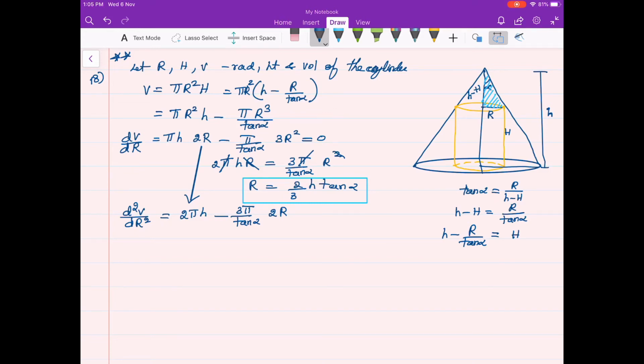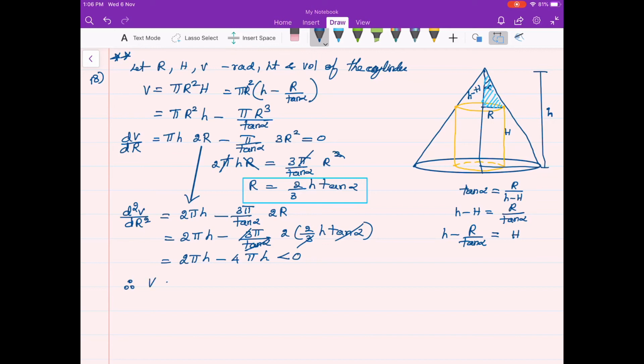Now, let us substitute for r. R is 2 divided by 3 h tan alpha. We have 2 pi h minus 4 pi h, which is negative.